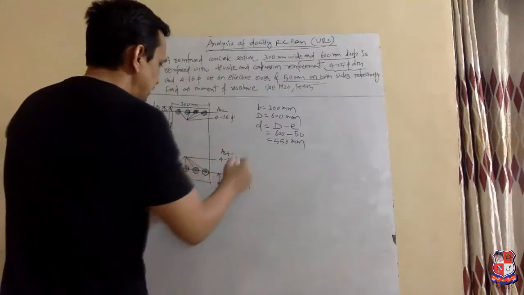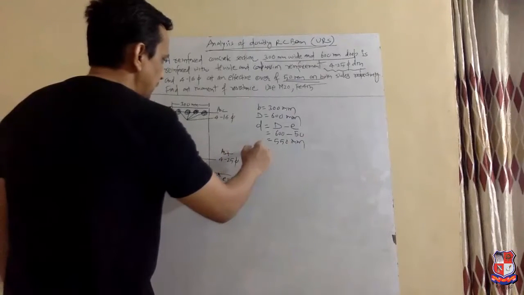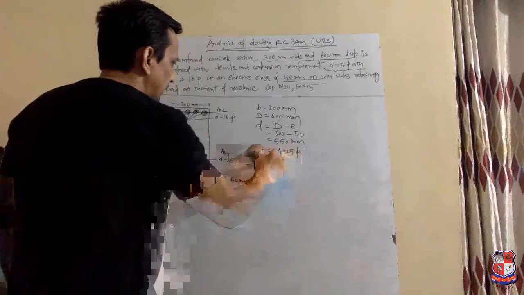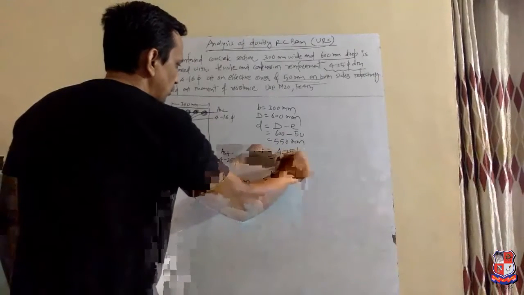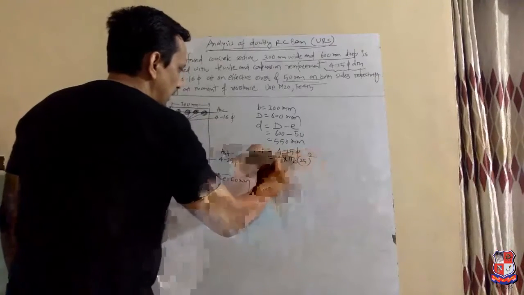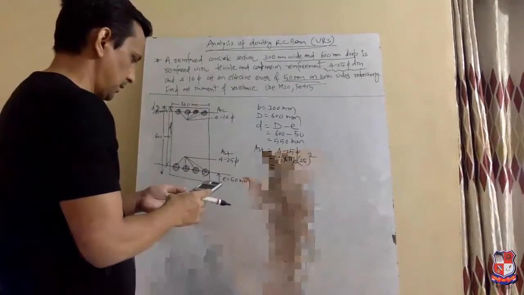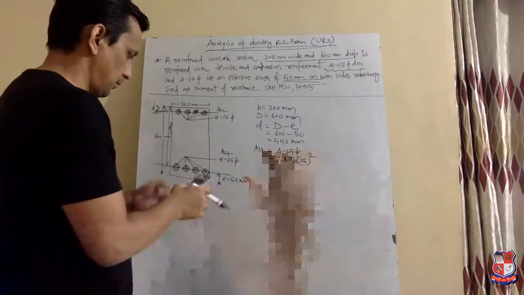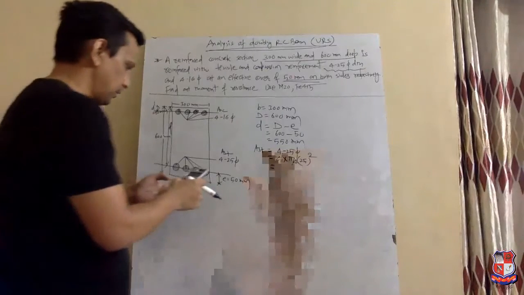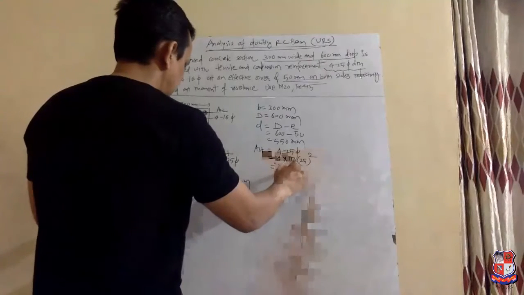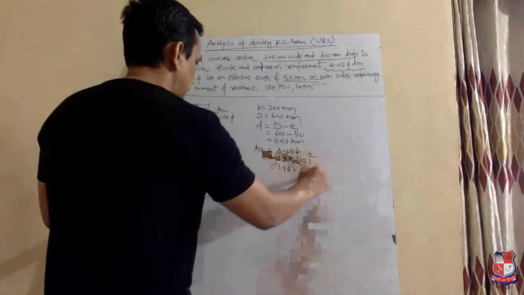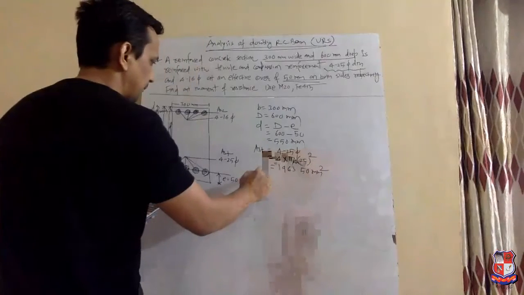Now, in tension zone, 4 number 25 mm dia bars are used. 4 number 25 dia means 4 into pi by 4 into 25 square, which is 1963.50 mm square.